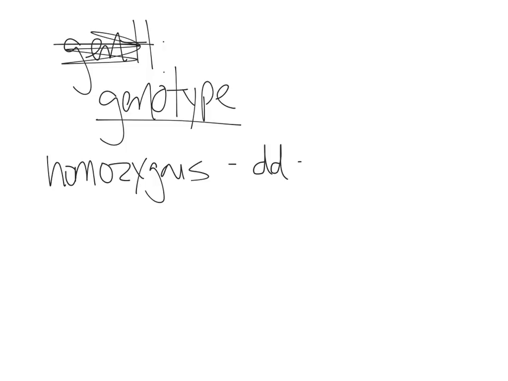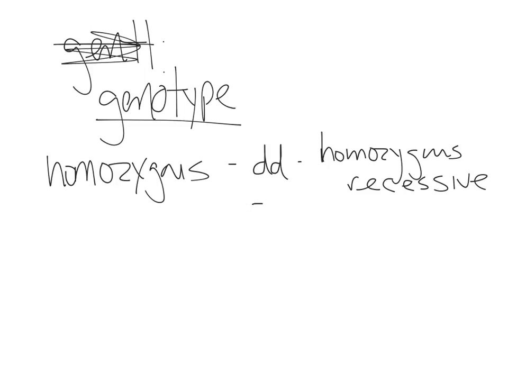This would be homozygous recessive. Okay. As opposed to capital D, capital D. These are both the same alleles. This would be homozygous dominant.